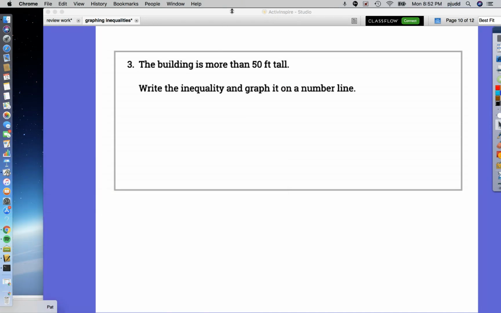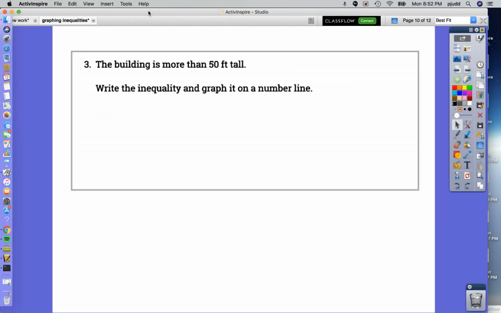Okay. So we have the building is more than 50 feet tall. I'll put B for building is more than 50 feet tall. Write an inequality and graph it on a number line. Hopefully your lines are coming out a little bit straighter than mine.